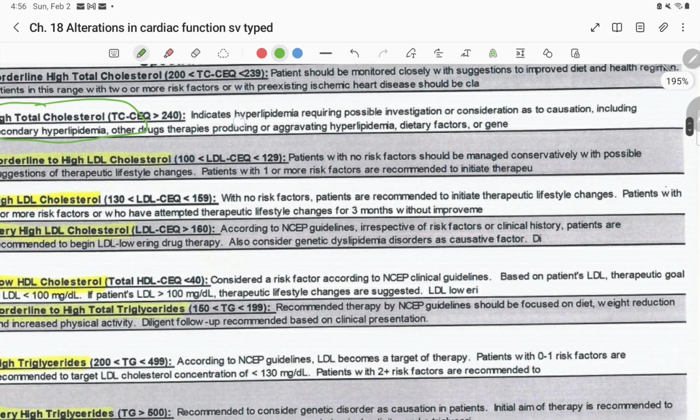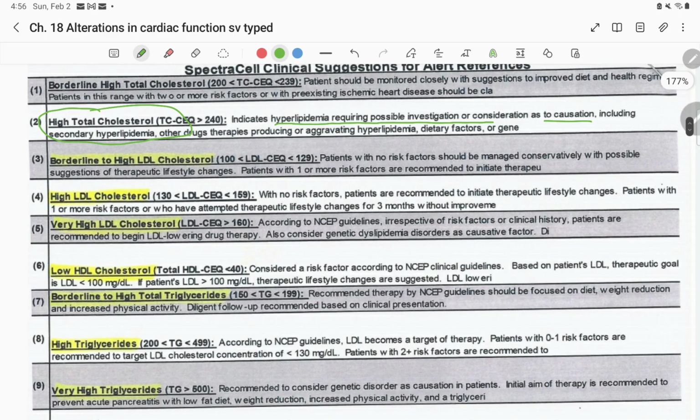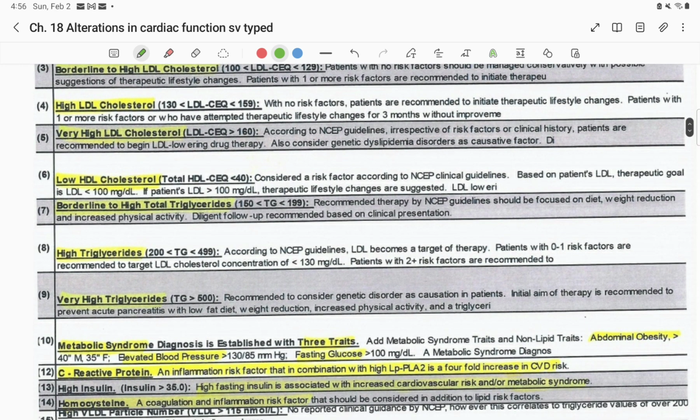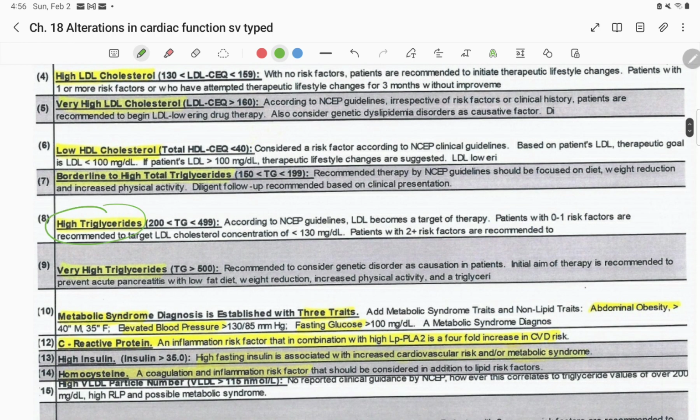It indicates hyperlipidemia, requiring possible investigation as to why. Why do you have high cholesterol? Is it a side effect of medication? Is it dietary factors? Is it genetic? What's going on?